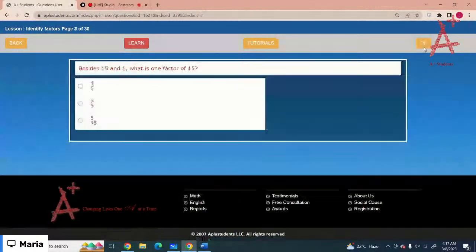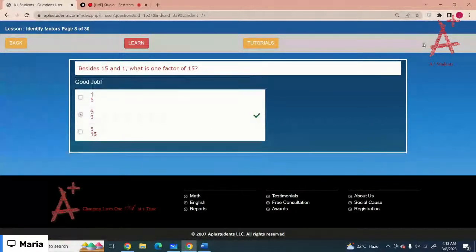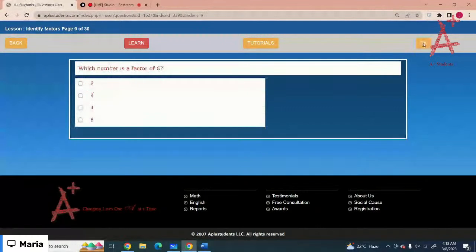Okay, the next one is: besides 15 and 1, which one is a factor of 15? So, which is the correct option? It would be 5 and 3. Got it? Very good. No, no, 5 and 3 it is. Which number is a factor of 6? 2, 9, 4, 8.